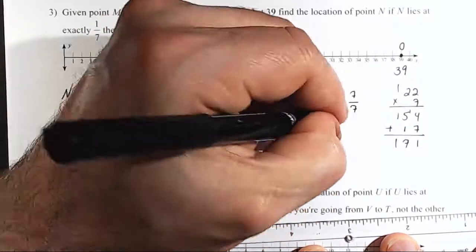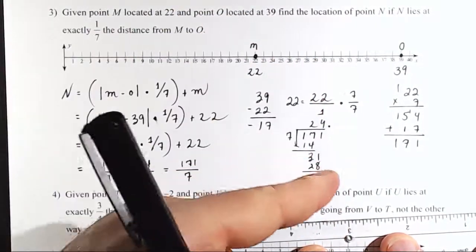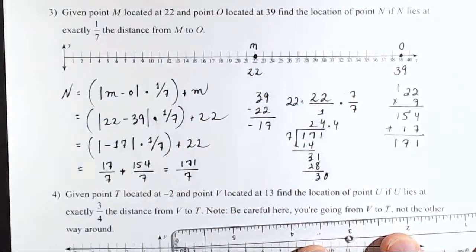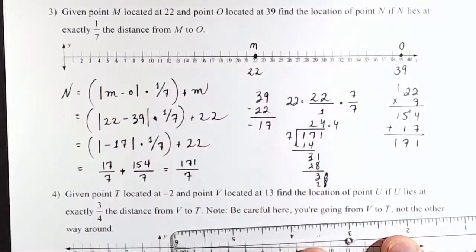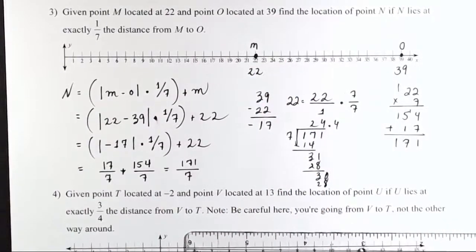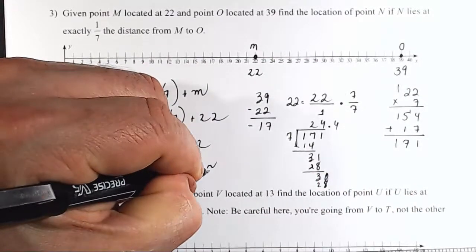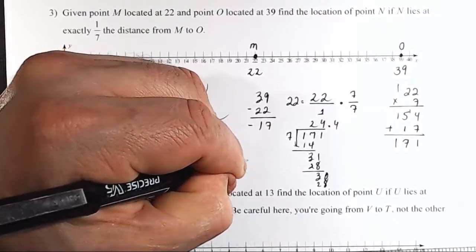All right. Put a decimal point, bring down a new 0. 7 goes into 30, I guess again, 4 times. 4 times 7 is 28. All right, and we could keep going, but we don't need to. So that is approximately equal to 24.4.